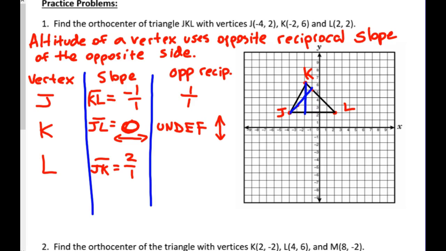So remember, opposite, change the sign, and then flip it. So what's it going to be? Negative 1 over 2. Now the negative can be on top or bottom, doesn't matter. So negative 1/2 is my slope, and I'm going to use it at point L, Philadelphia. And now here's the deal. If here's L, and I go down 1, right 2, do you see how that's going the wrong direction?